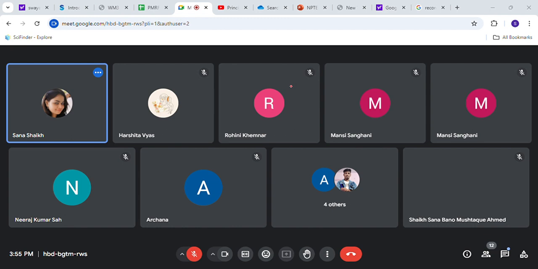So what happened in cis decalin? A six-member ring attached to another six-member ring, either on a wedge bond or on a dash bond. You can write both ways. Both are correct. Okay. This is cis decalin.